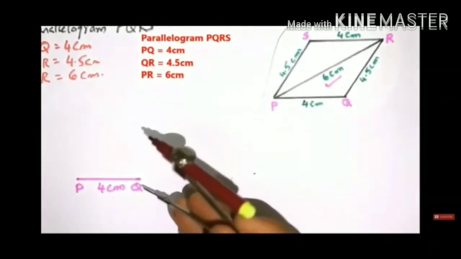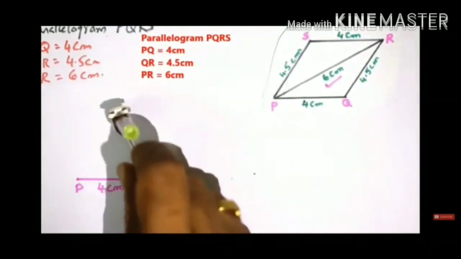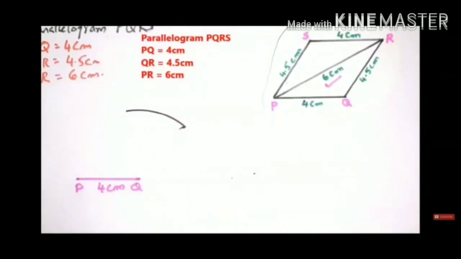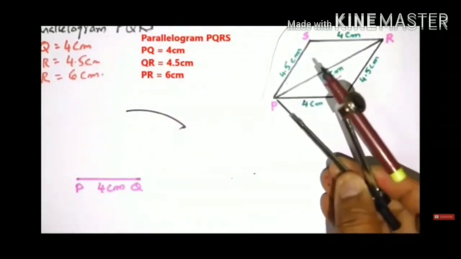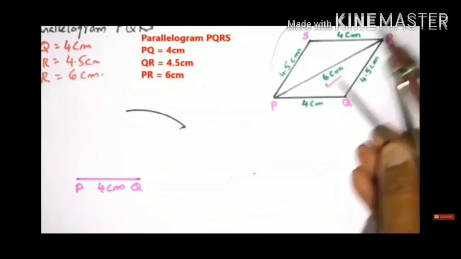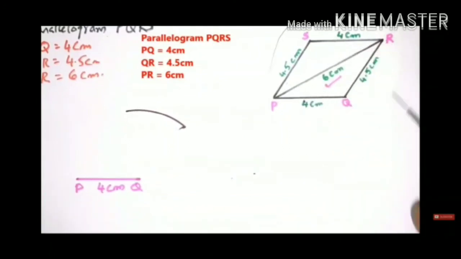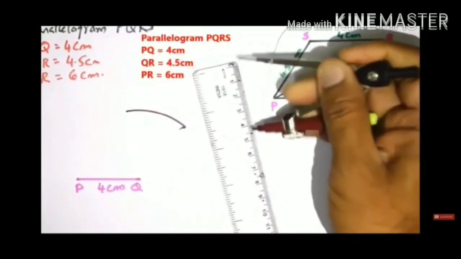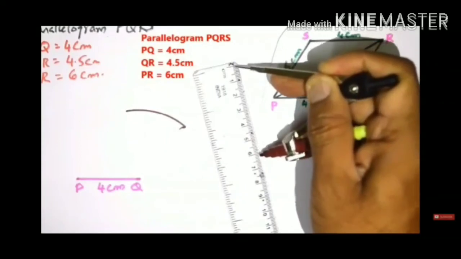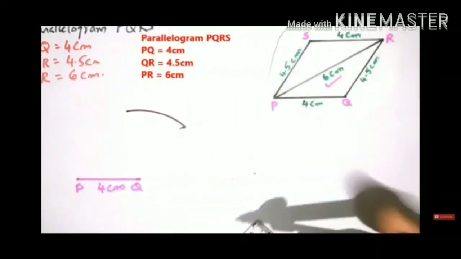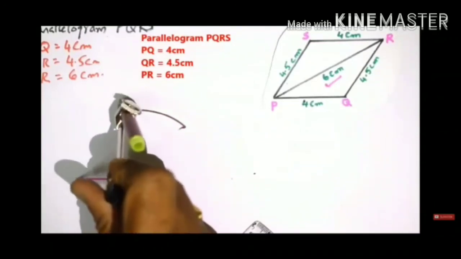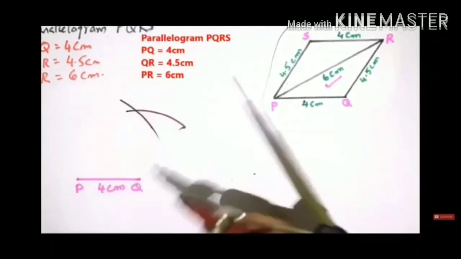QR is 4.5, so with center Q I am going to draw an arc which is 4.5. Now with center P we have to go for this diagonal which is a part of the first triangle, 6 centimeter. Now measure 6 centimeter radius. Now with center P cut the first arc, so you got the point R.